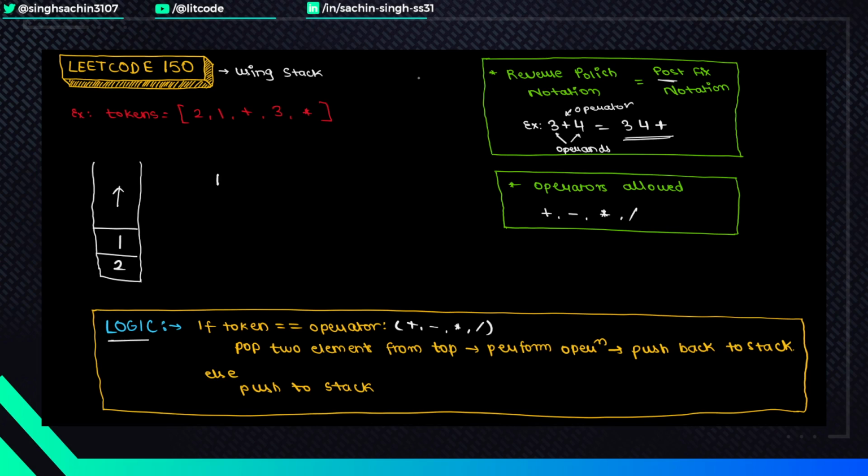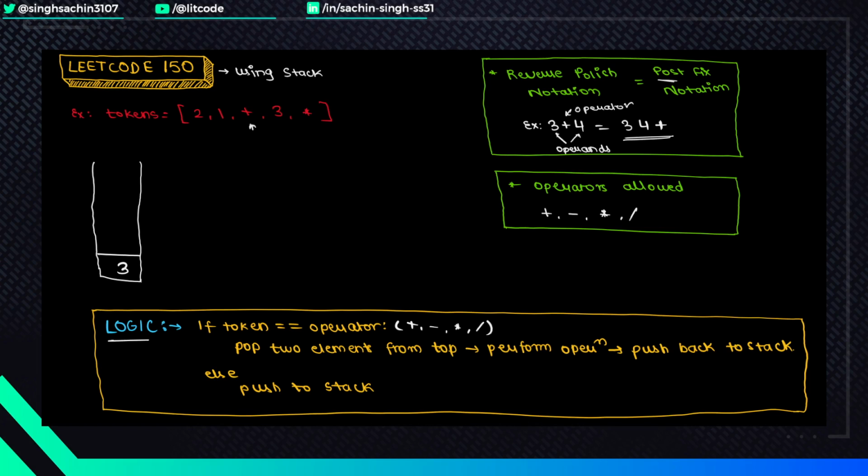It will be 1 plus 2. And when we popped these elements, our stack got empty. 1 plus 2 is 3. Now we will push back 3 in the stack. So this is my current stack now, and we have solved the expression till this point.